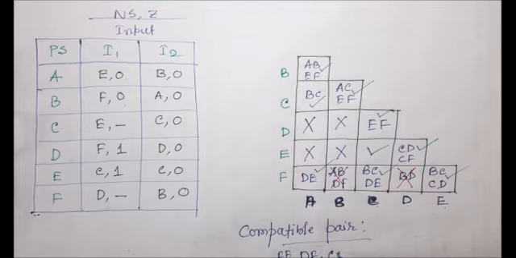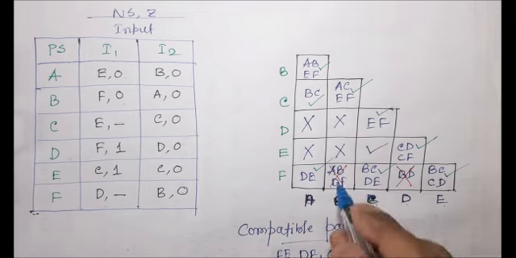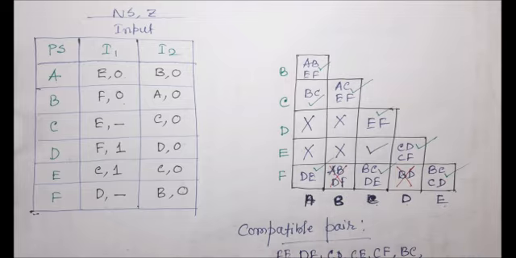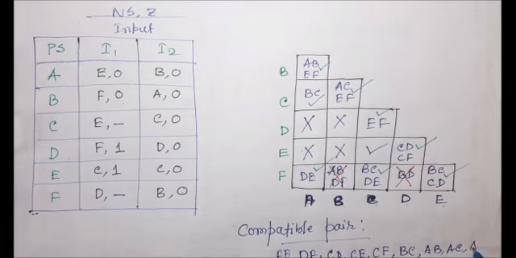So you can write CD, and we can write CE and CF. Okay, and consider this one BC, and this one also only BC in this column. And the next one is AB. Okay, AB, AC, and AF.